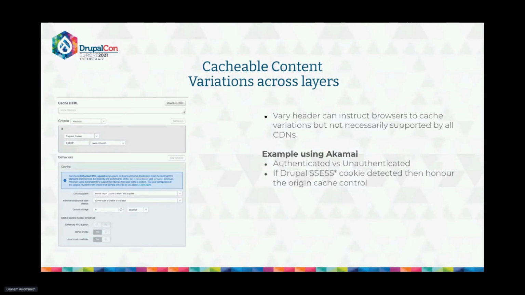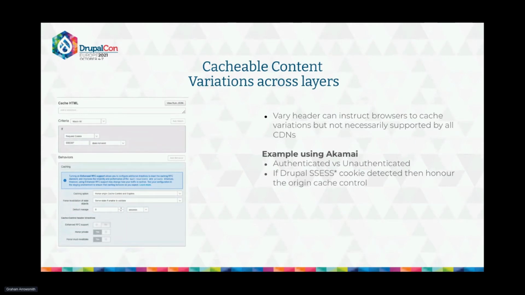We used the Akamai behavior that you see on the left to identify if a session cookie existed, and if it did, then we would honor the Cache-Control and Expires headers from the origin and pass that request through. The user is authenticated, therefore we're going to show them fresh content direct from the origin. But for unauthenticated users, we will serve cached content.